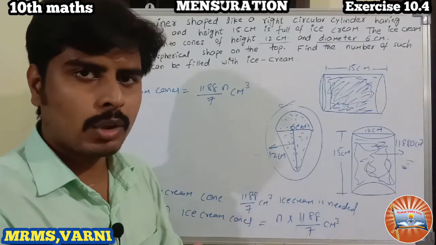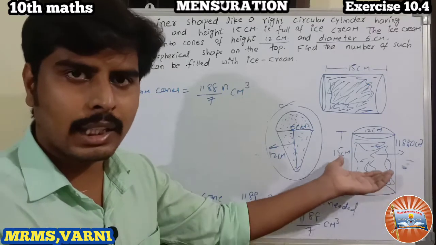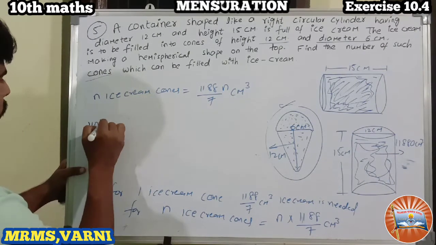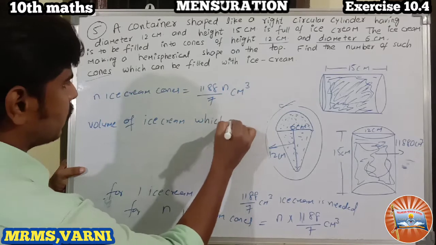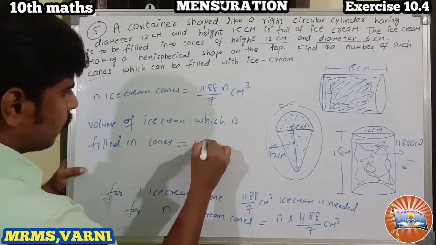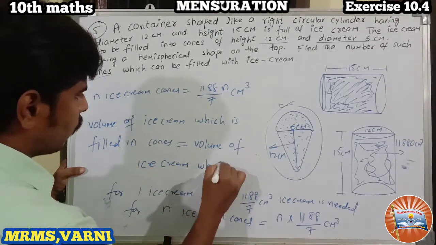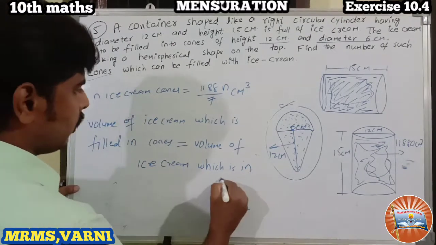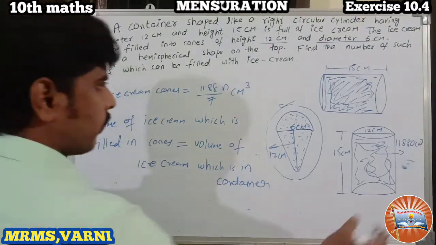The volume of ice cream filled in cones is equal to the volume of ice cream in the container, and the container is in the shape of a cylinder.